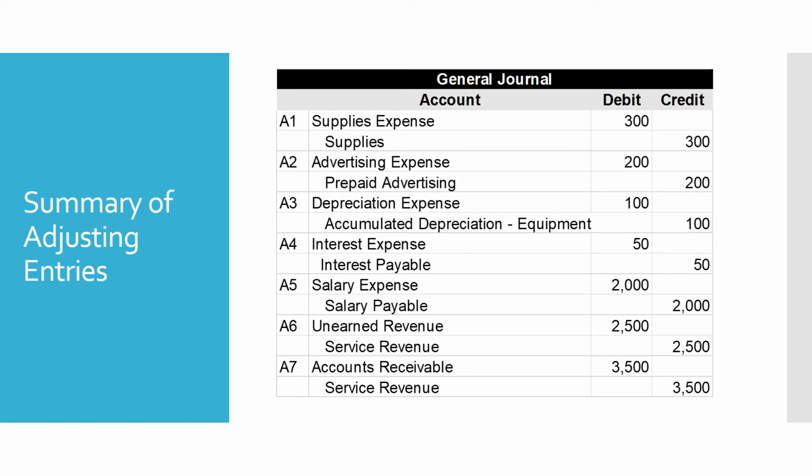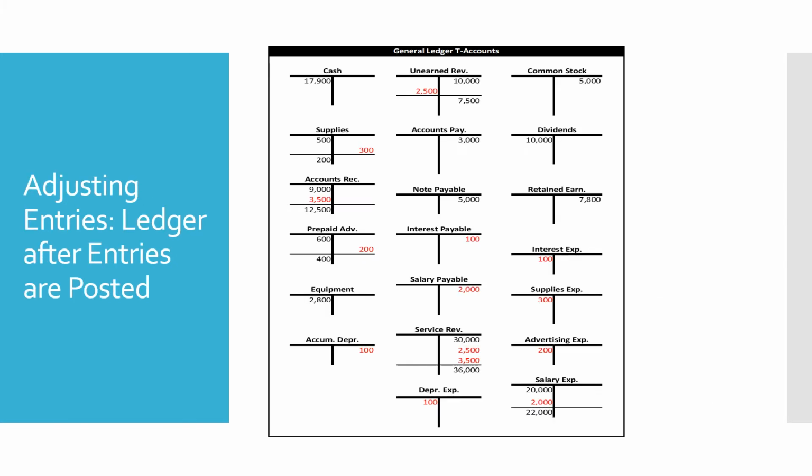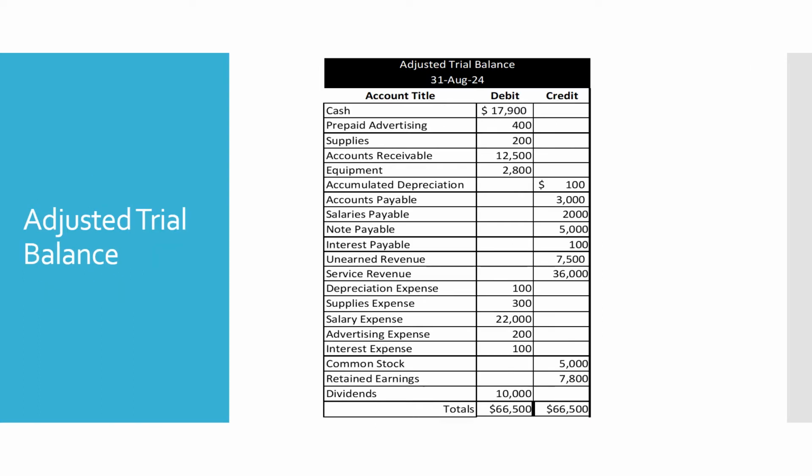For a review here, we have our adjusting entries that we made, and then we posted those to our ledger accounts and came up with our updated balances. And then we prepared an adjusted trial balance that has all of the updated balances. So we want to prepare our financial statements using these accounts and amounts.